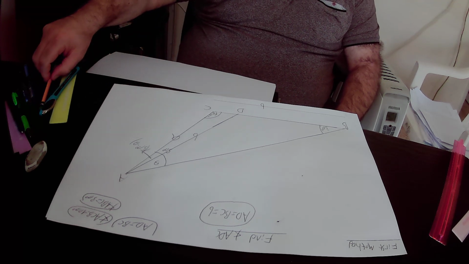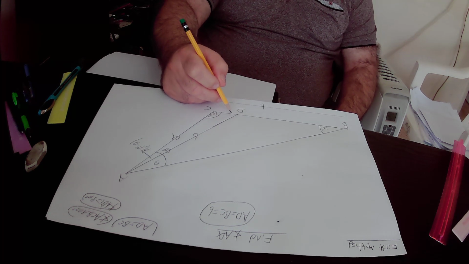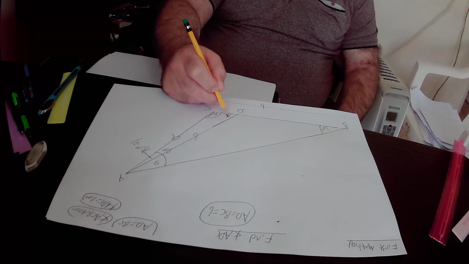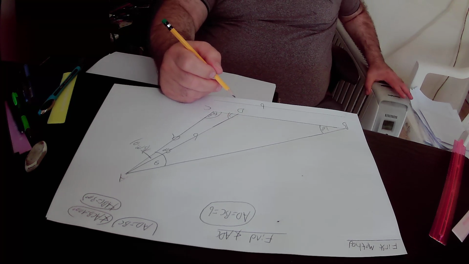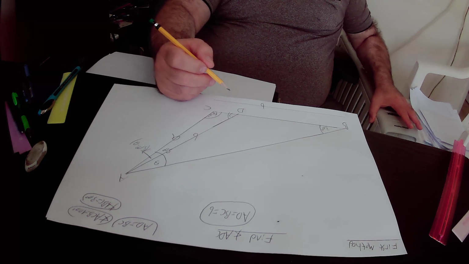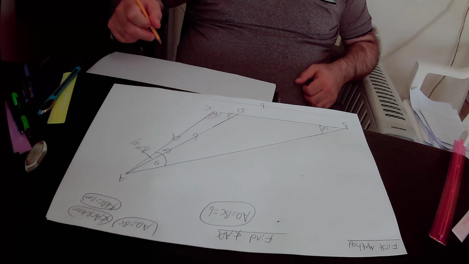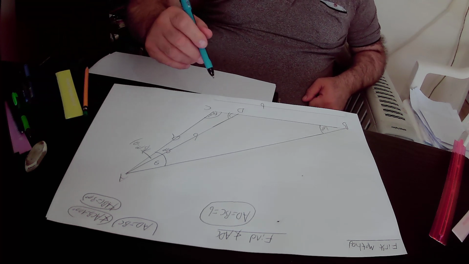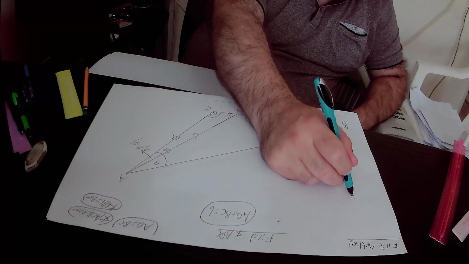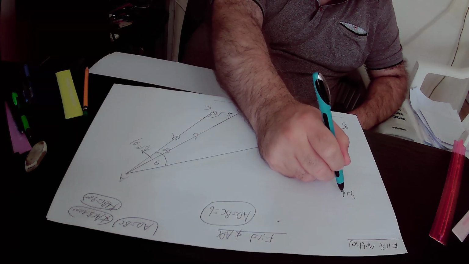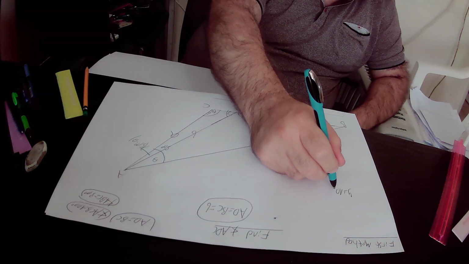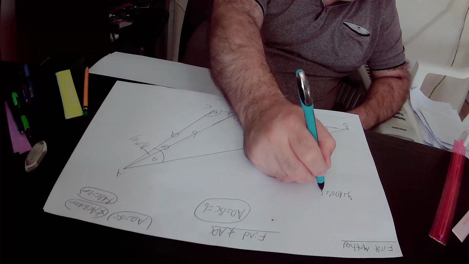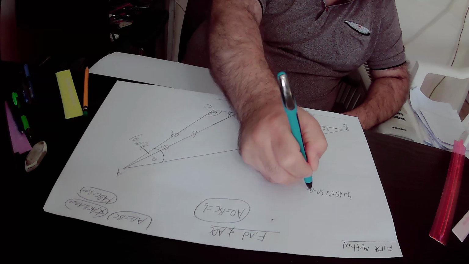And then if we define angle ADC, the angle that we are looking for, as angle Y, then we know that the sum of the angles in any triangle is equal to 180 degrees. That is to say, angle Y plus 100 degrees plus 50 degrees minus theta must be equal to 180 degrees.